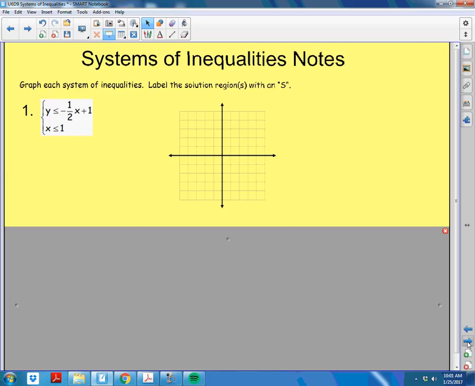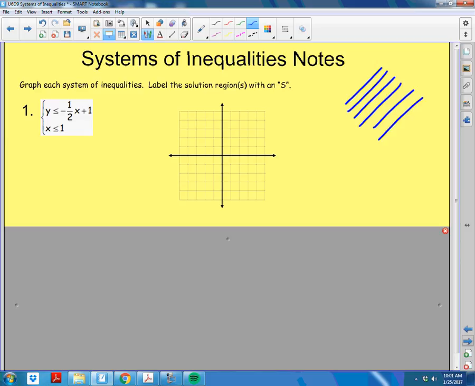Okay? You don't get that benefit. I will tell you, some kids shade lightly and then darkly shade where they overlap. Some kids will shade and put like a big S in the section where they overlap. Some kids use diagonal lines. Some kids will shade one area like this, and then they will shade the other area like this so they can see where they overlap.